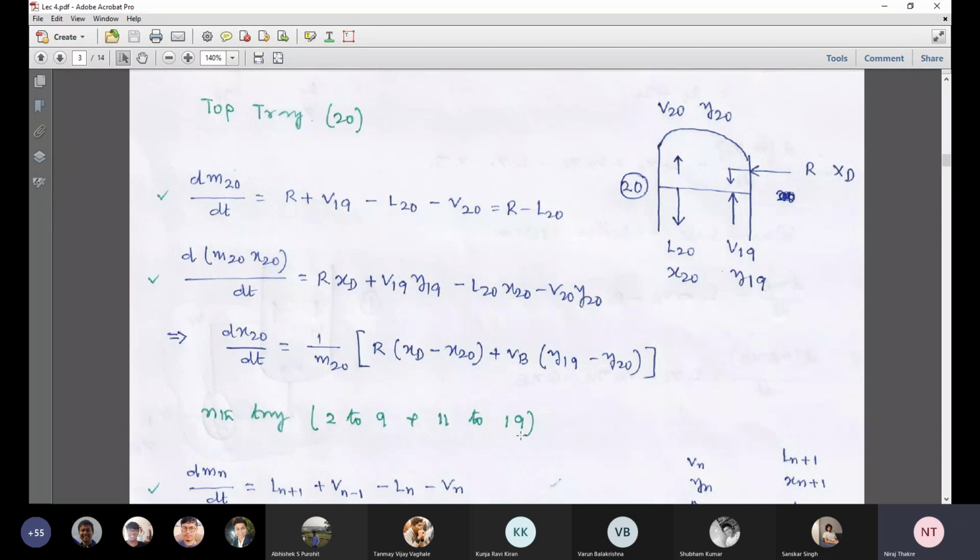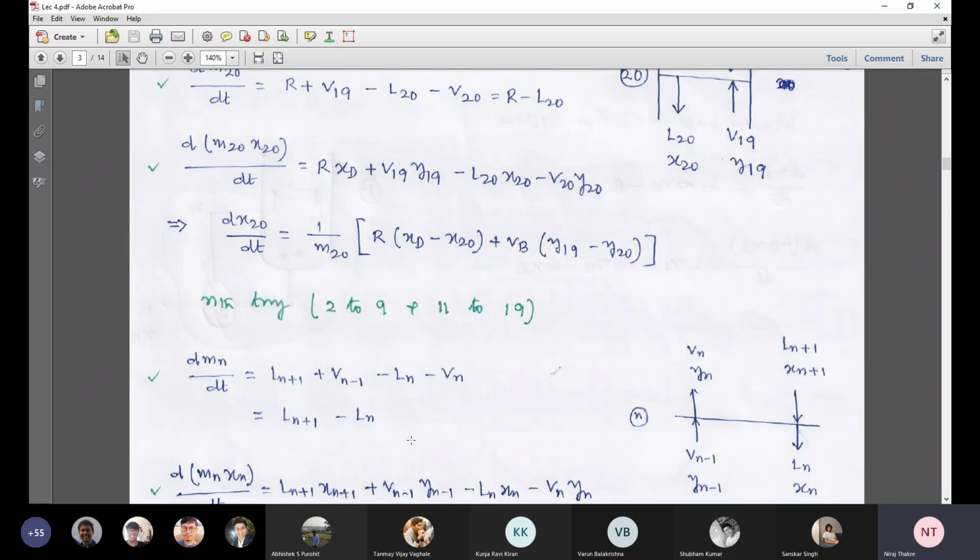But the feed tray, which is in between these two envelopes, includes two new terms: capital A and capital Z, feed flow rate and feed composition. That's why we will develop the model equation for the feed tray separately.